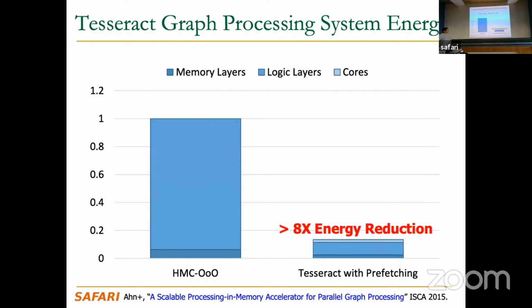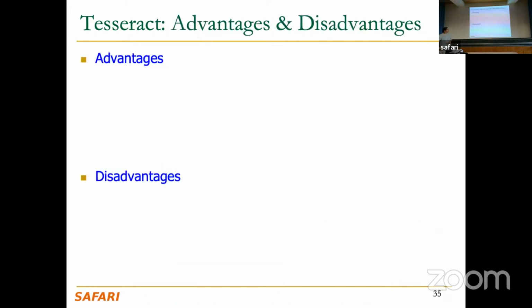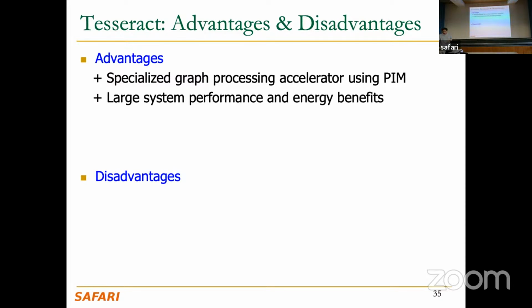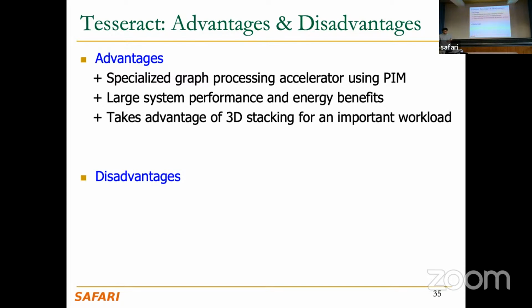In terms of energy, we also see very good improvements, up to eight times energy reduction over the HMC baseline with external out-of-order cores. And in order to summarize some advantages and disadvantages, one advantage is that Tesseract is a specialized graph processing accelerator used in processing in memory, with large system performance and energy benefits, as we have seen, and it takes advantage of 3D stacking for an important workload.